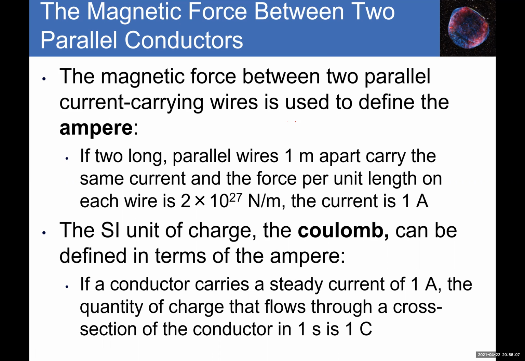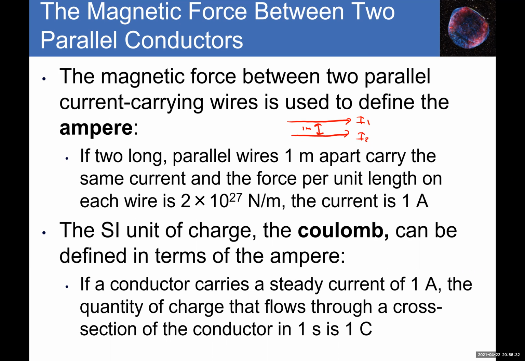Imagine you have two wires with currents I1, I2, two long parallel wires 1 meter apart, and we measure the force between them, which is probably the easiest thing to measure, since there are force meters we can use.